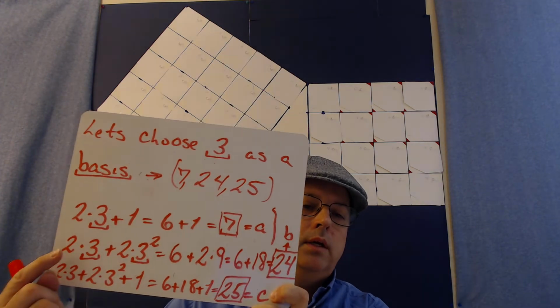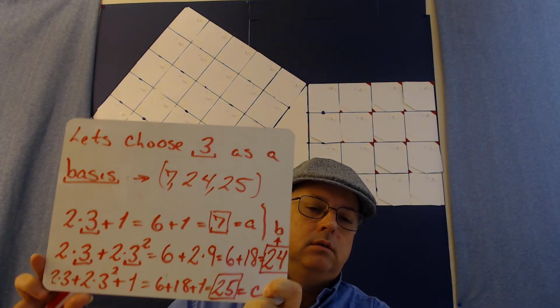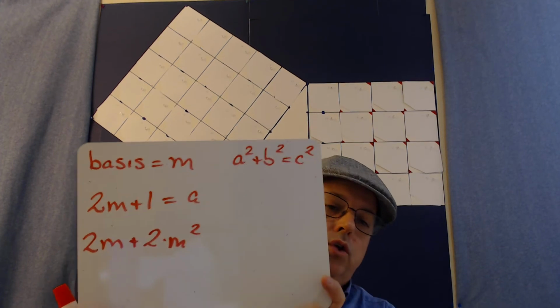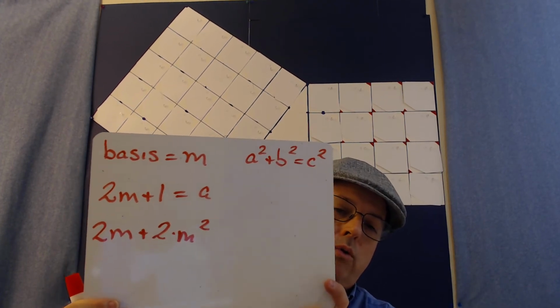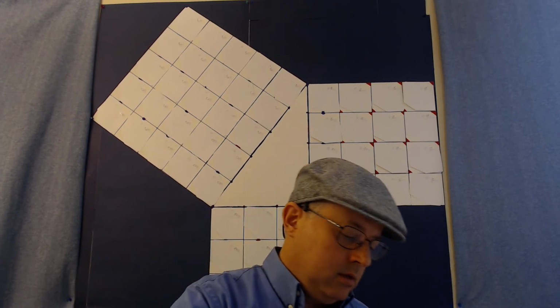And so that would be 2m plus 2m squared. And that gave us the B value.